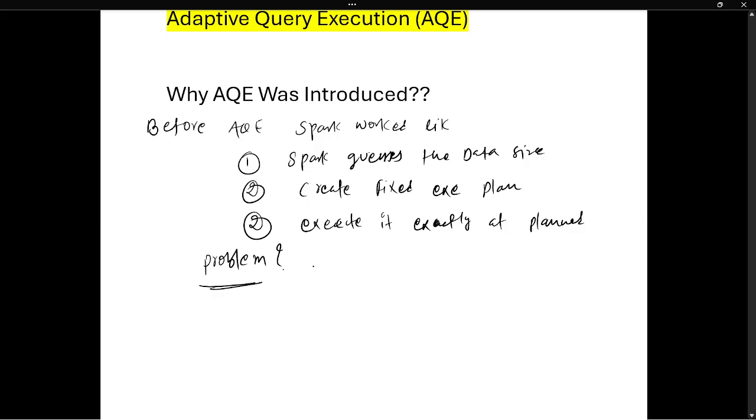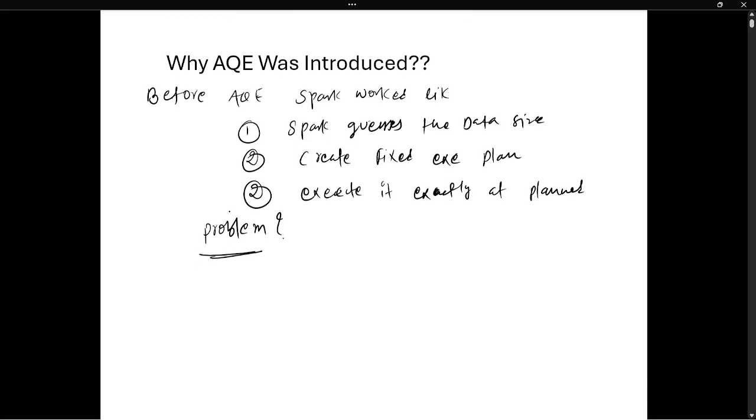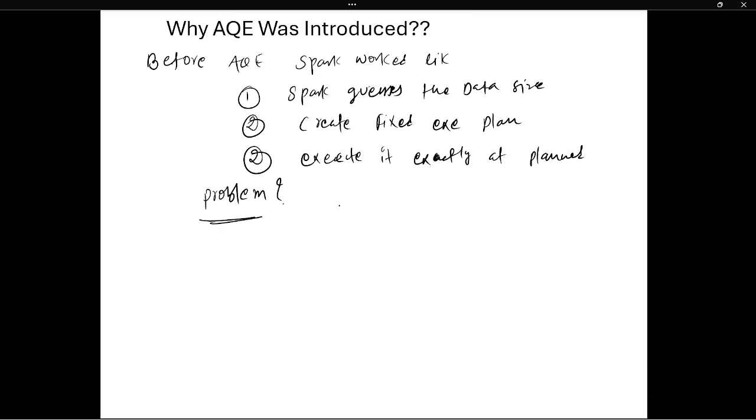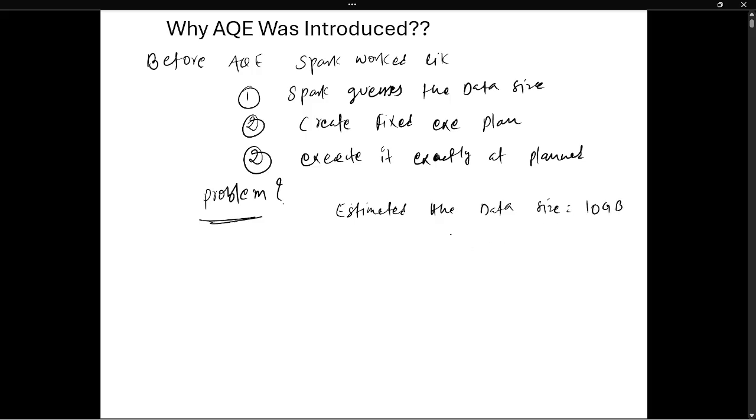Suppose it estimated the data size as 10 GB, but when it does the execution, the actual data size is found to be 300 MB. So the estimate versus the actual was wrong.